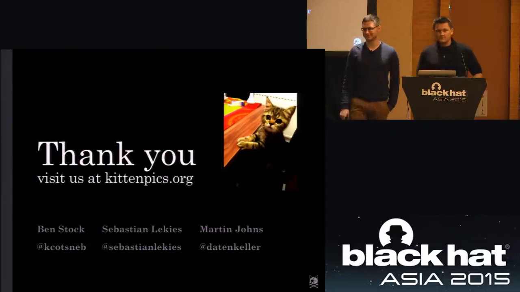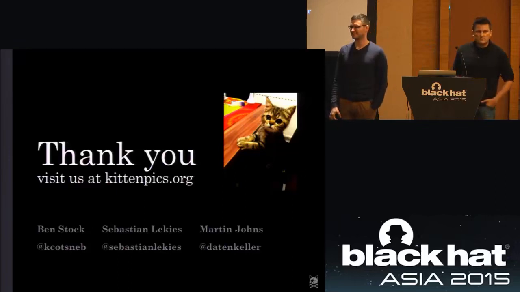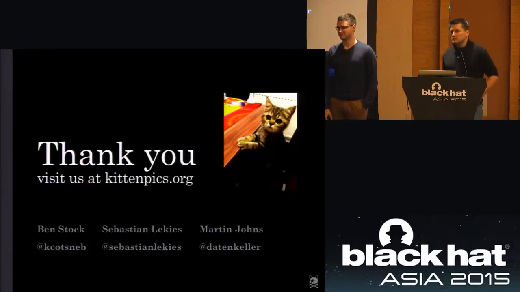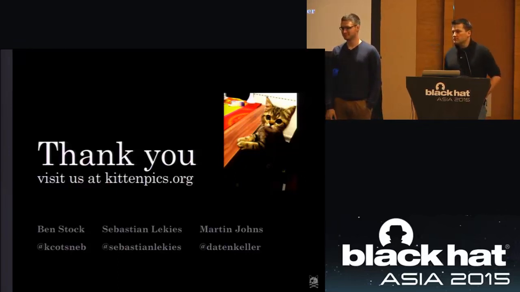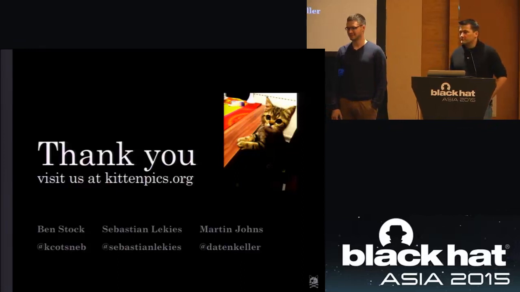Cool. All right. First of all, great talks. I'm wondering, what functions are defined as the source of the taint? We basically use anything that the DOM XSS wiki notes as a source.